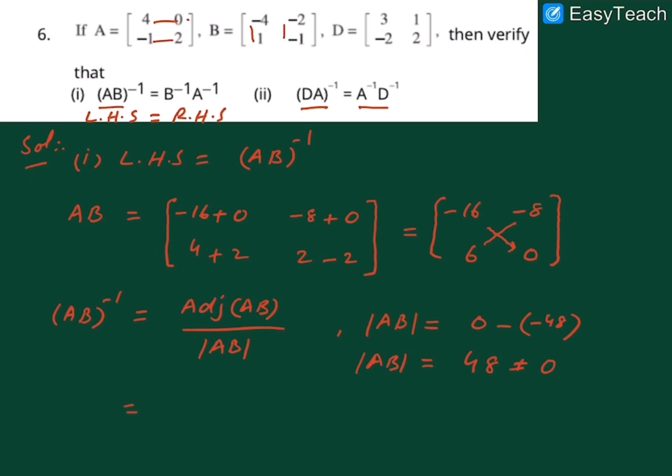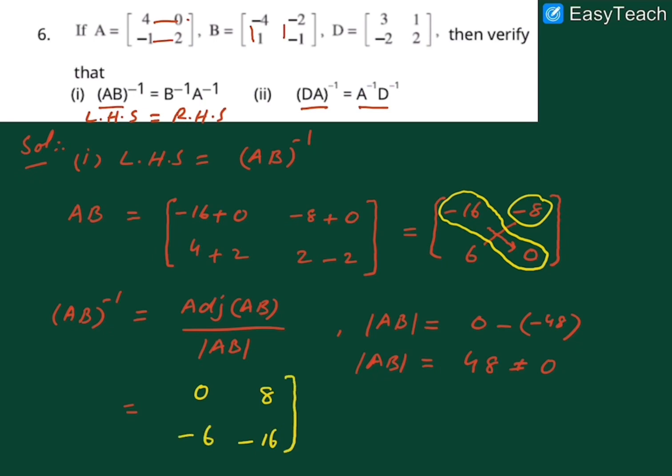Now the adjoint of AB, by interchanging the main diagonal, we will get 0 and minus 16, and change the sign of the other elements. So minus 8 will become plus 8 and 6 will become minus 6.